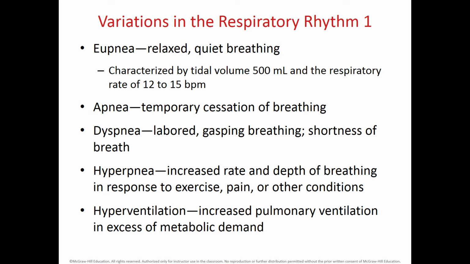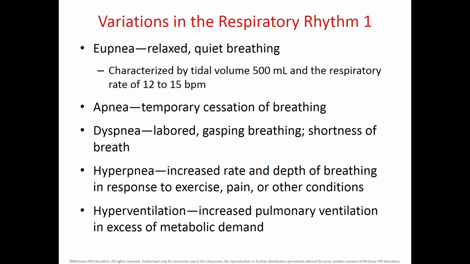Okay, so some variations in the respiratory rhythm. Eupnea is relaxed, quiet breathing. Usually, during quiet breathing, we breathe 500 milliliters of air into our lungs at a respiratory rate between 12 to 15 breaths per minute.